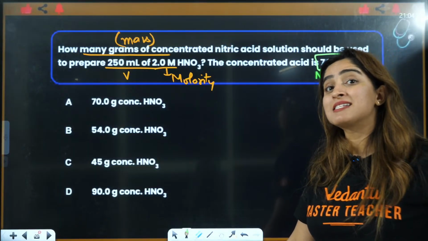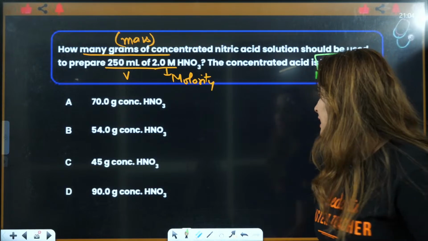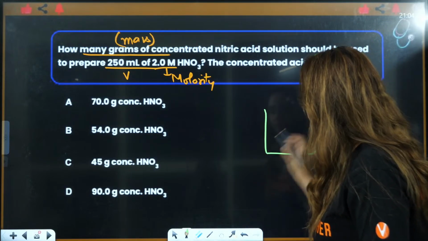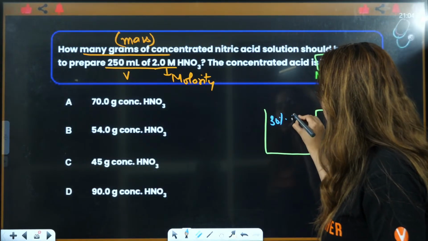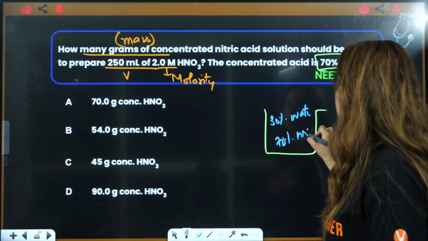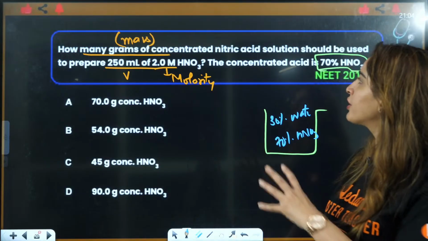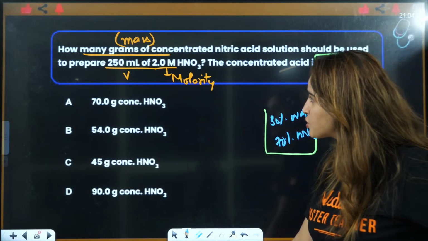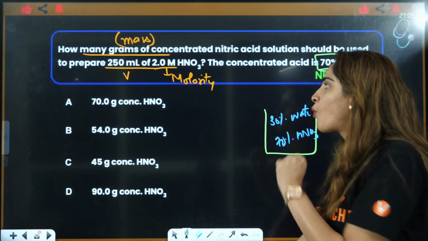So that means that you have to also take care of that 70%. If you see this beaker, they are saying 30% is water and this 70% is HNO3. How many grams of concentrated nitric acid solution should you use to prepare this, with the molarity after mixing the water?